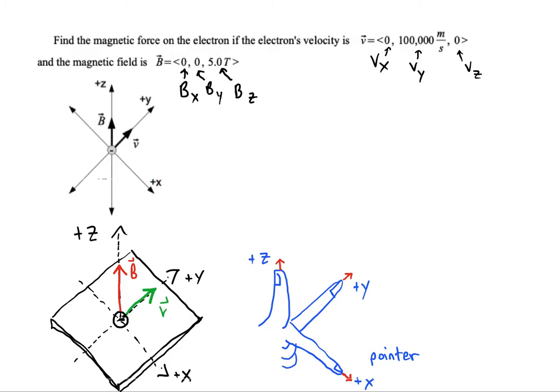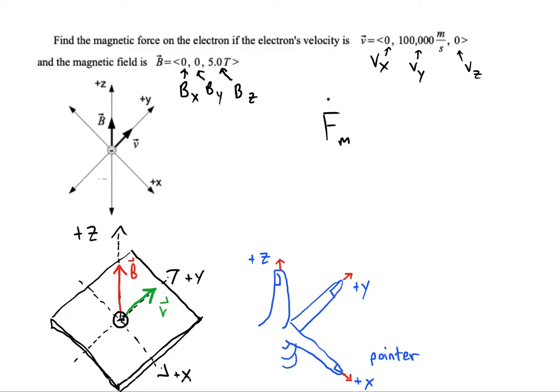Now we have to find the magnetic force on this particle. So the thing about particles is they can only feel a force if they have charge, velocity, and if the particle is moving the right way relative to the magnetic field. And there's a formula for it.